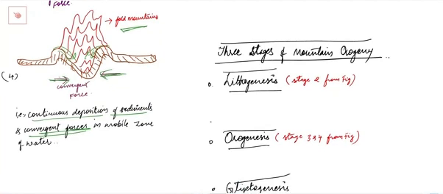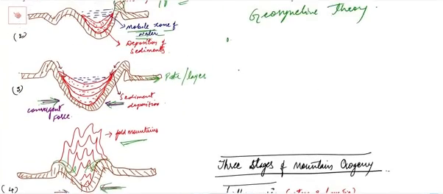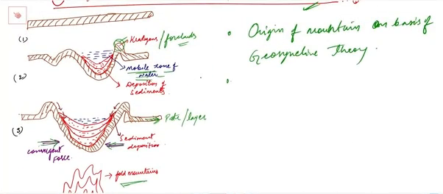So let's see the first stage. For the first stage we have to observe figure number 2. If we observe here, there is a landmass. Due to some kind of force or load, a depression took place, and we can observe the depression here. In the second figure, this entire process is known as lithogenesis.